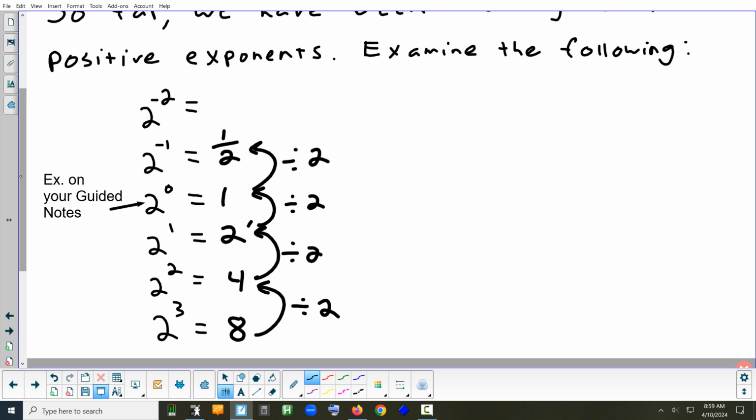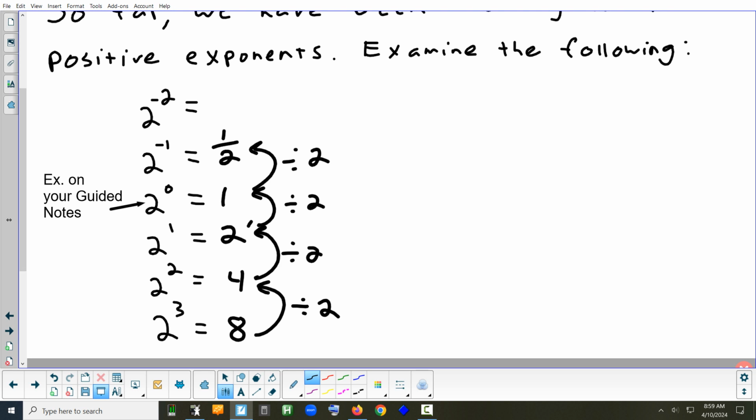What kind of number is negative 1? It's the exponent, but it's an exponent that's a negative exponent. So the 2 ended up in the bottom, and we had a negative exponent.